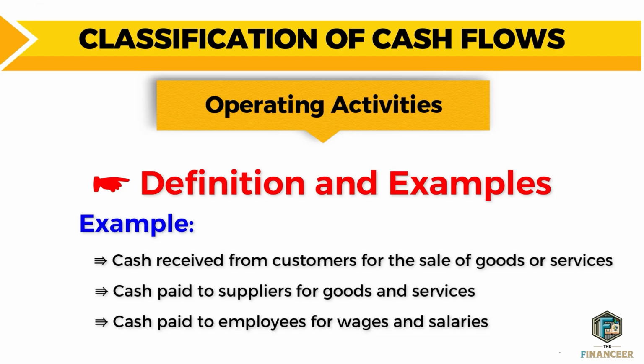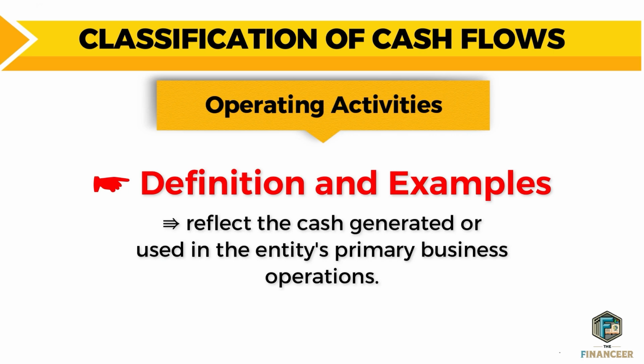After listing these examples and definition of the operating activities, you might recognize that operating activities are crucial. Why? Because they reflect the cash generated or used in the entity's primary business operations. And this is very important for every entity to recognize that the cash inflow, which is the cash received from the operating activities, is more than the cash outflow that they are paying for the operating activities.